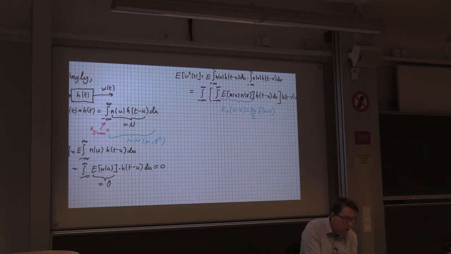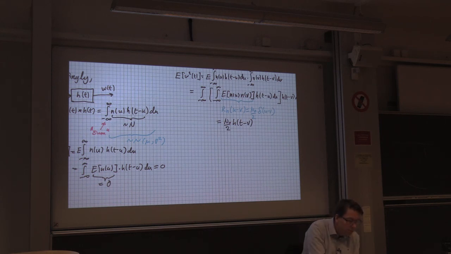So the value is n naught over 2, which we should not forget, times h of t minus not u but v, because that is the value of u for which the argument of the delta function becomes 0. It has to do with the sifting property that we talked about earlier. So the value of the inner integral is easy: n naught over 2 times h of t minus v.